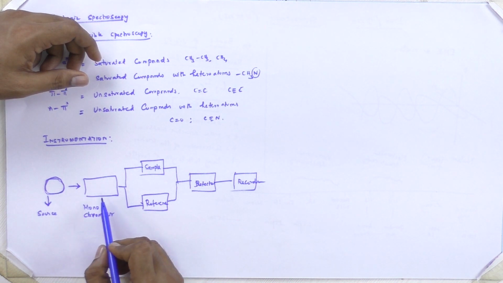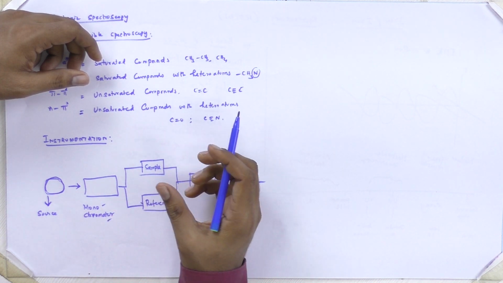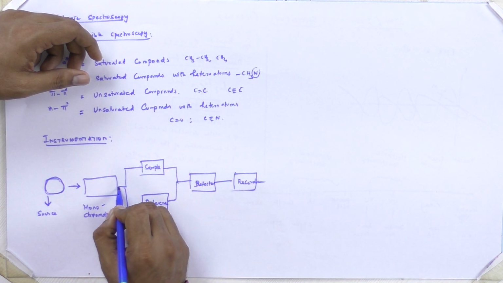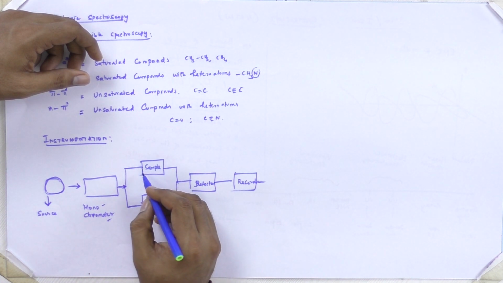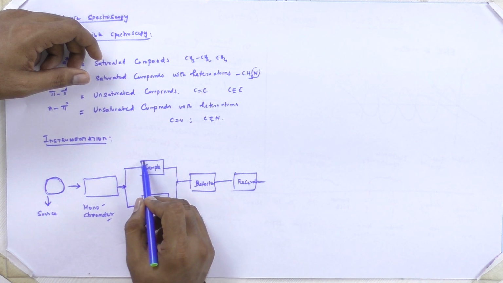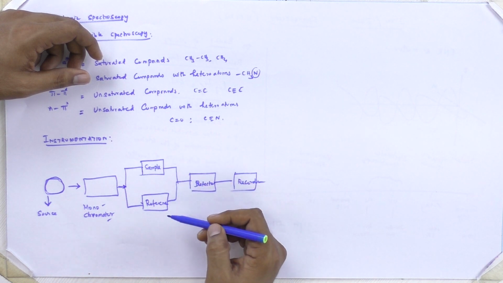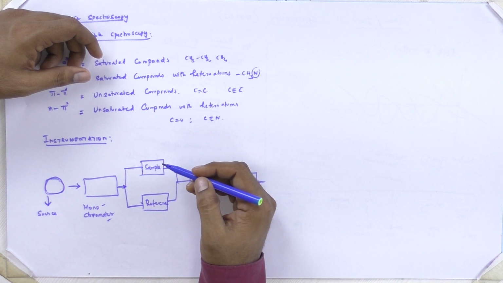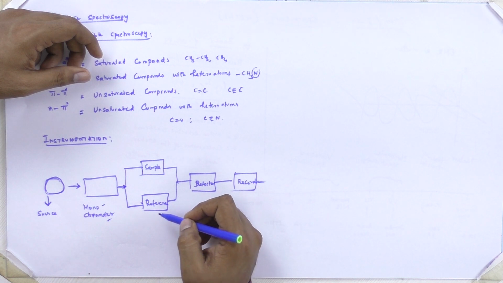The next chamber is the monochromator. Mono means single, chrome means color, so it selects a particular wavelength of light. The light then passes into the sample chamber, which contains 2 compartments: one is the sample, which is going to be analyzed, and another is the reference, which is the solvent used to dissolve the sample.